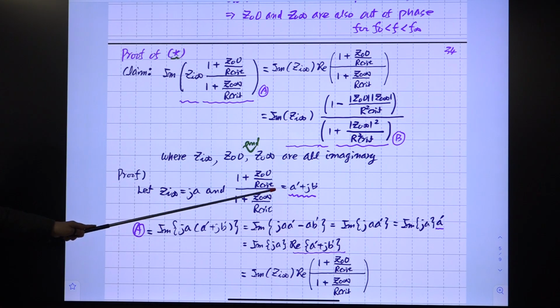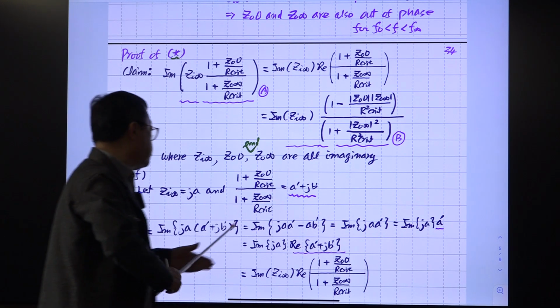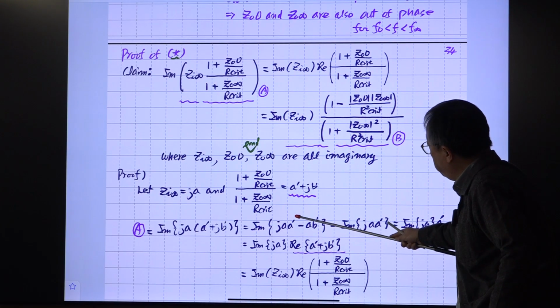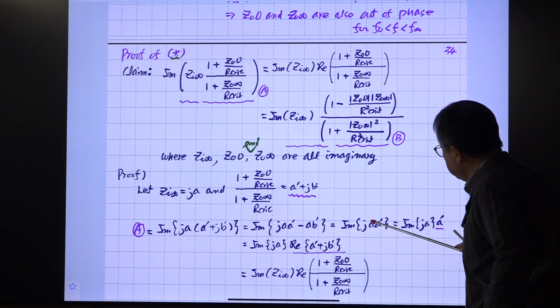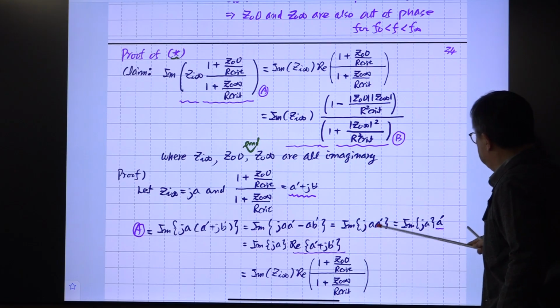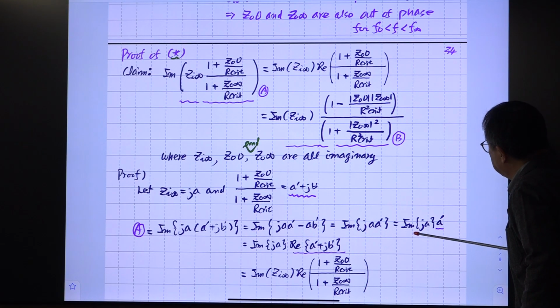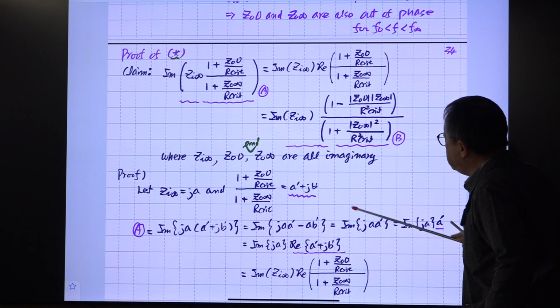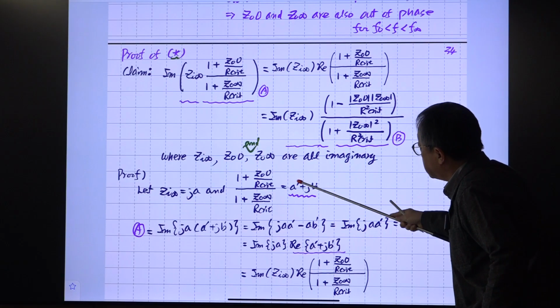A, B, A prime, B prime are real numbers. So this part is real. You get rid of this and just look for the imaginary part of this, but this one is also a real number, so take this out here. This is just the imaginary part of jA. A is what? A is the real part of this.